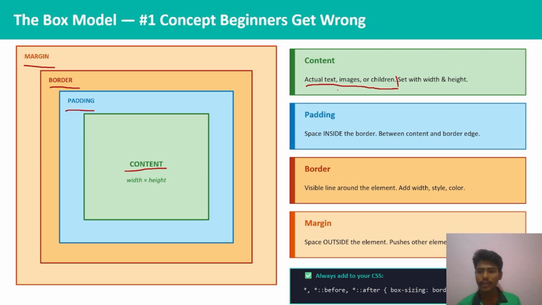Next, here you can set a width and height. It means it can declare the size of the actual text. Let's assume the content is a text, the word "content". If I want to increase the width of this word, I use width.